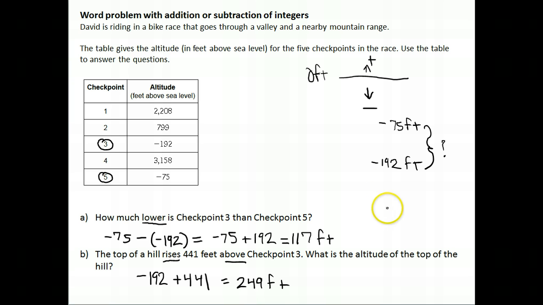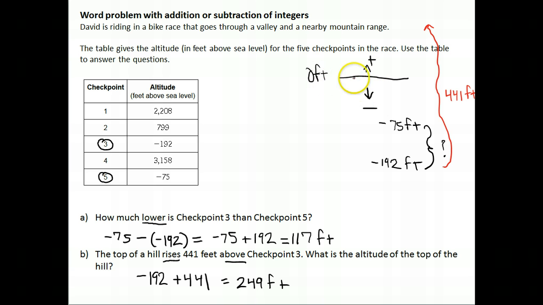And if we want to look at that one on a diagram, we'll do that in another color. We're trying to find this distance. So we know negative 192 feet plus 441 feet would give us some value up here.